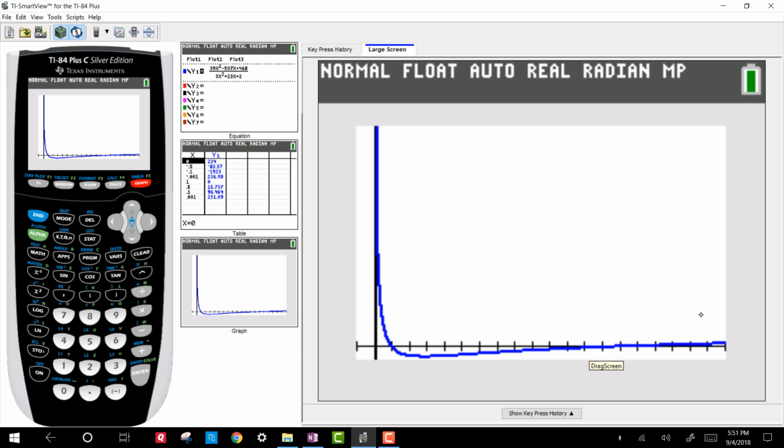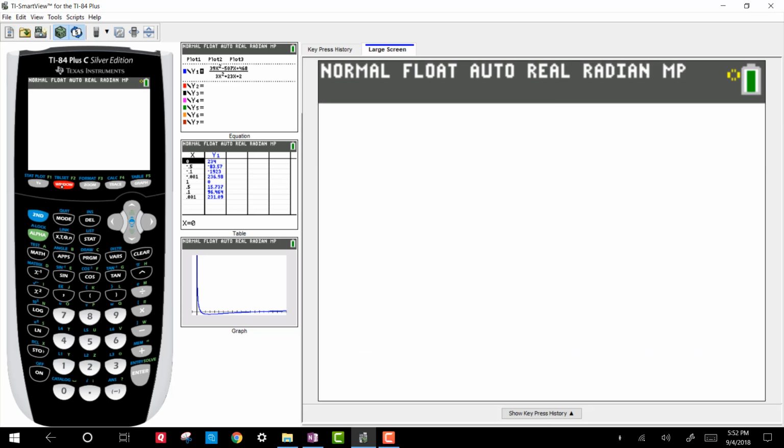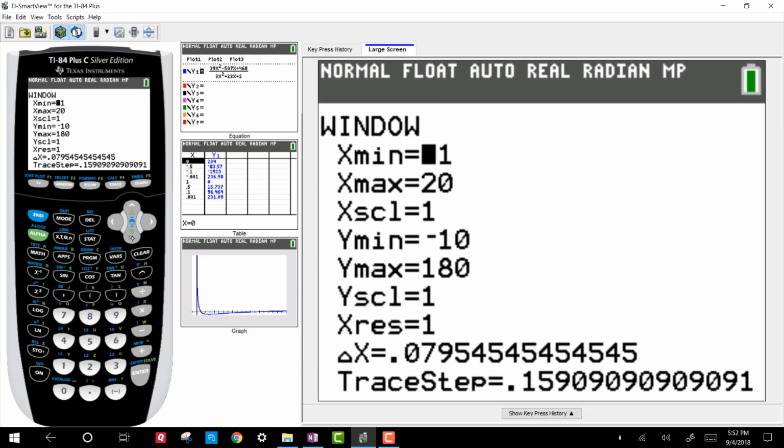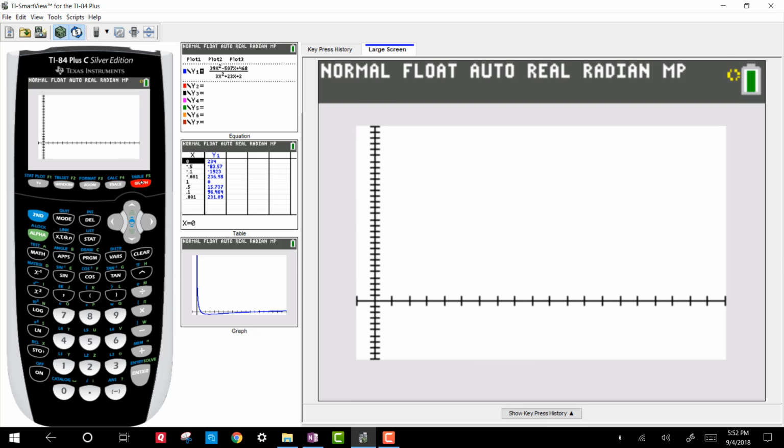I'm not getting much of a view of my graph down at the bottom here. So let's go back to the window and adjust that y-axis. Even though the graph goes all the way up, I'm not quite sure how high we actually need to go. So I'm just going to try 30 and see what happens. I'll hit graph again.